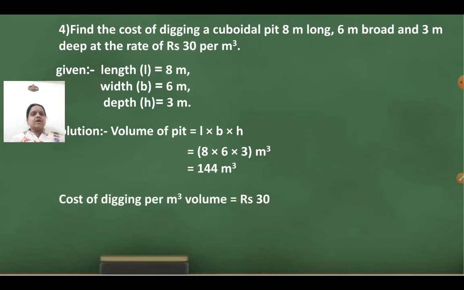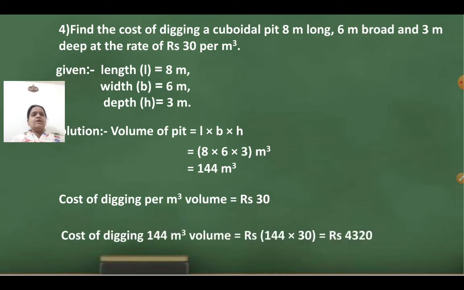Now let us find out the total cost. What is given? Cost of digging per meter cube volume equal to rupees 30. We want to find the cost for a volume of 144 meter cube.